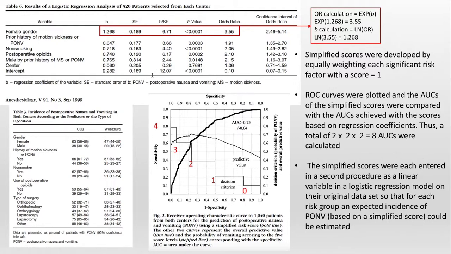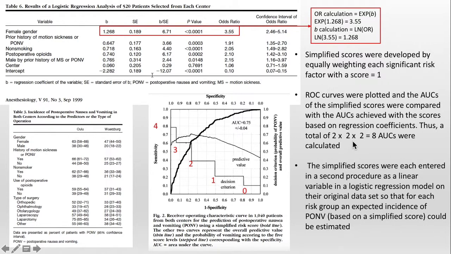And so then the simplified scores were entered, and they did a second logistic regression on the original data set, so that for each risk group, they could calculate an expected incidence of PONV using a simplified scoring strategy.